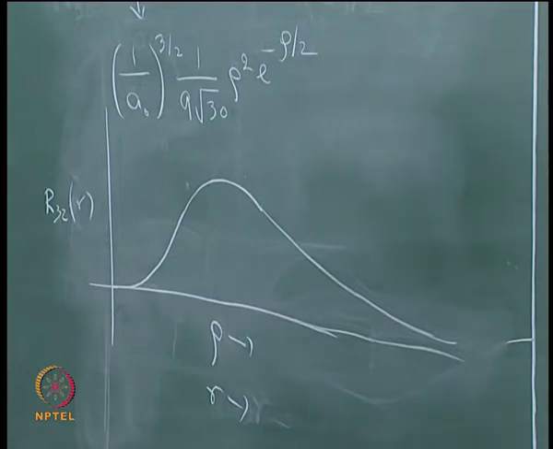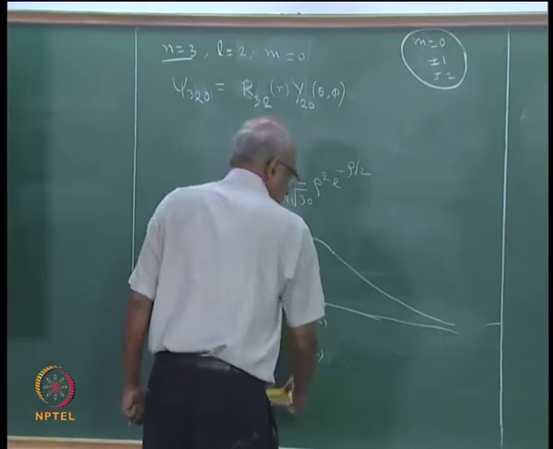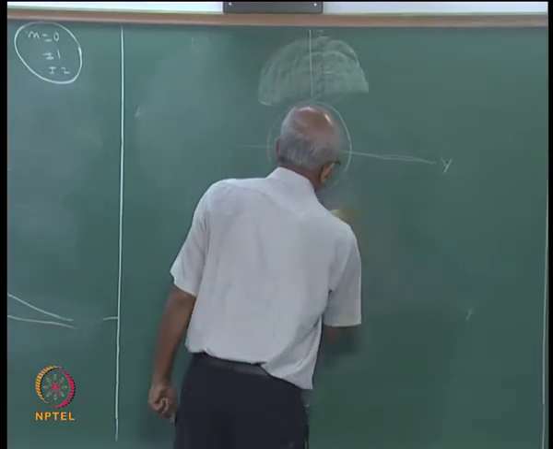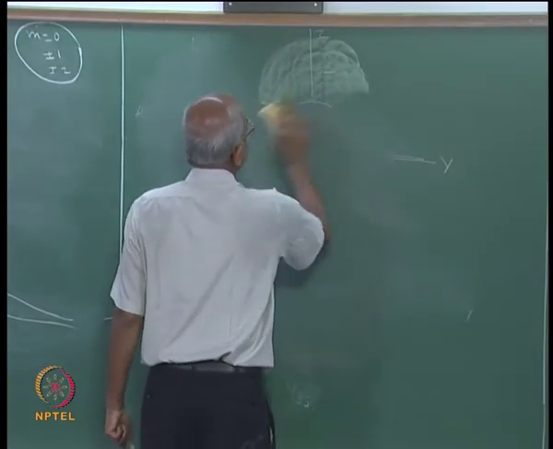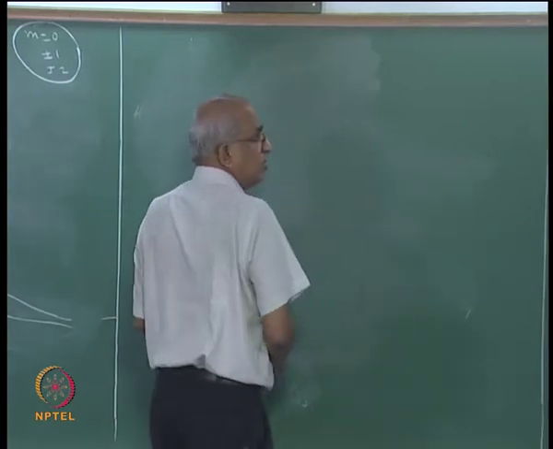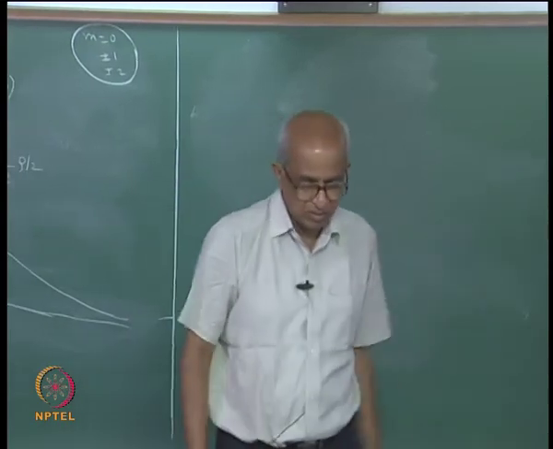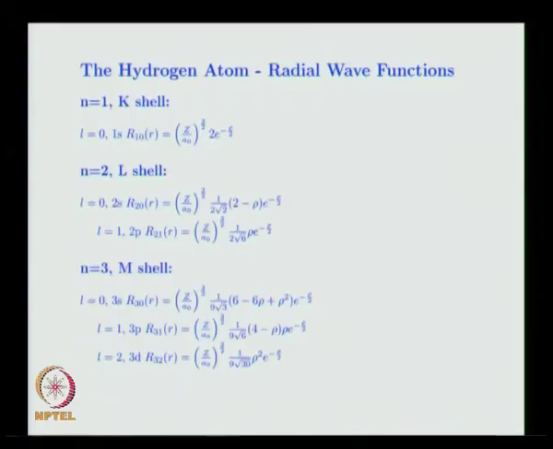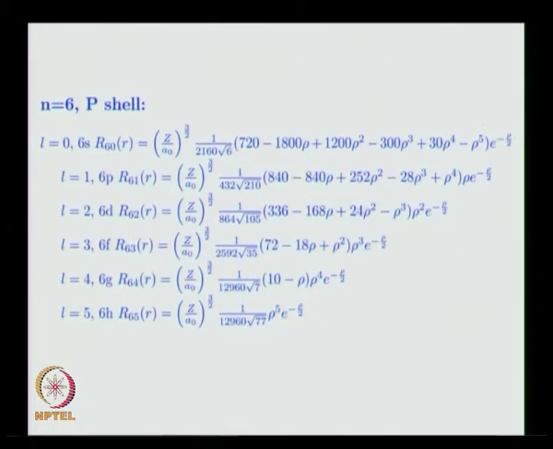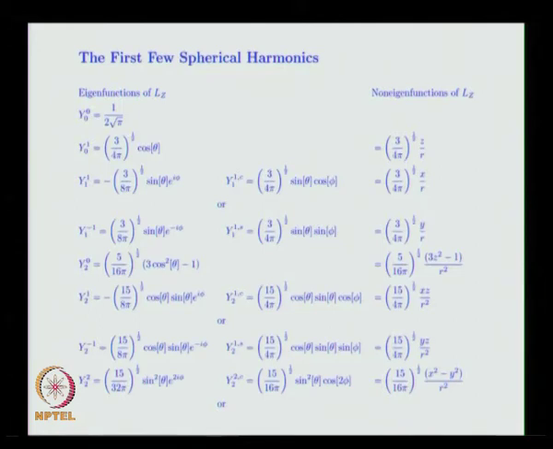Now, the angular part of the function, again I will make use of my tables. Somewhere in the tables I should find Y 2 0, okay, there it is Y 2 0.